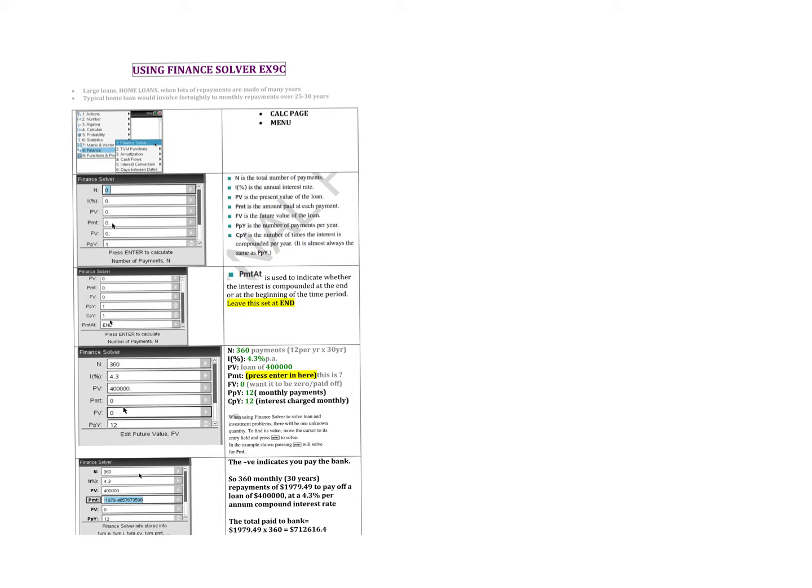So when we are looking at our formula, we have this combination of growth, where we've got the growth of the interest we're paying the bank.